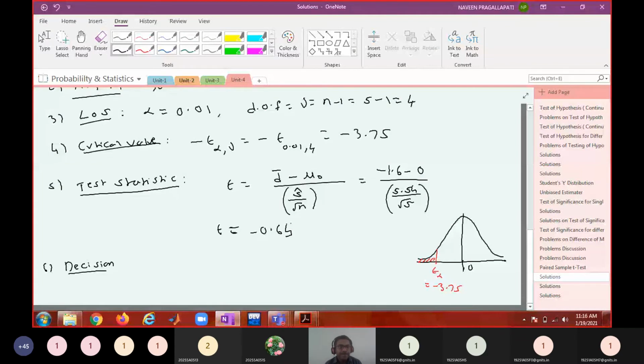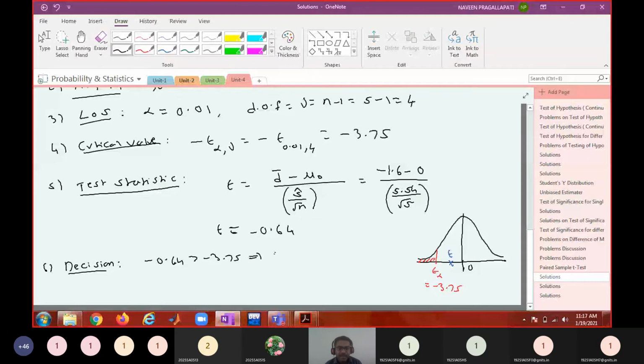Now you can see t is not falling in the rejection region. Minus 0.64 is greater than minus 3.75.